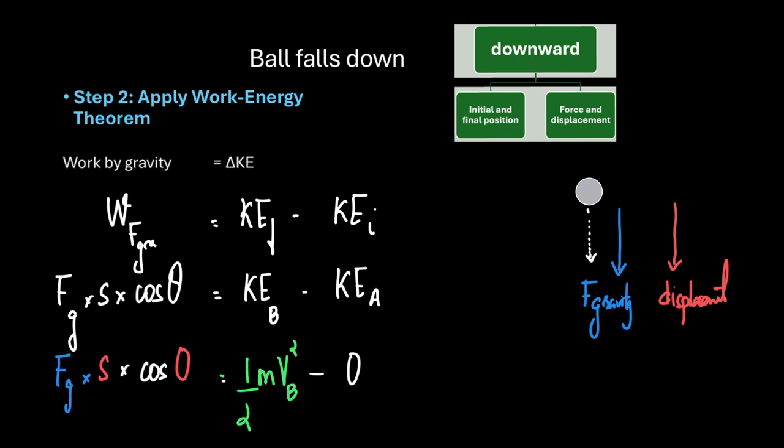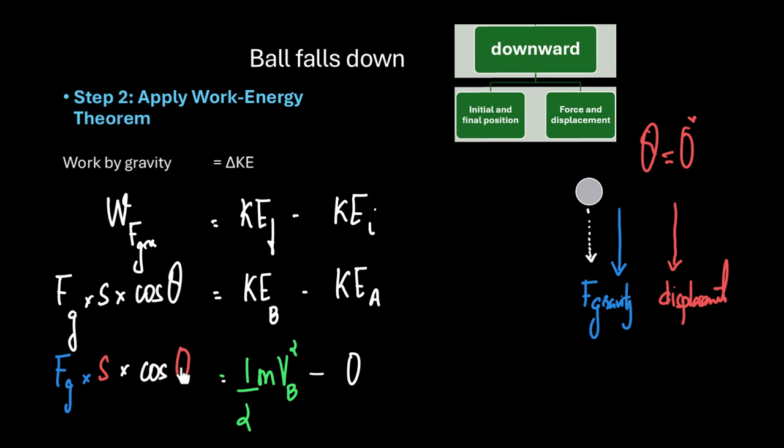So work done by force of gravity will be equal to kinetic energy final minus kinetic energy initial. Work done by force of gravity is force of gravity into displacement into cos theta. What is cos theta? Force of gravity is acting downwards. Displacement is acting downwards. Therefore, the angle between them is theta equal to 0 degrees.